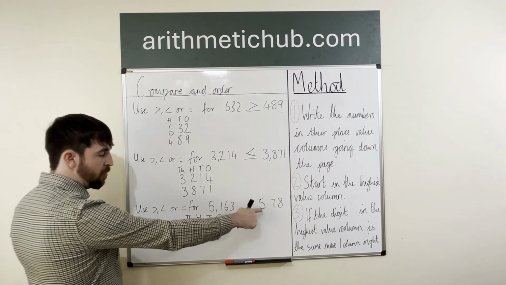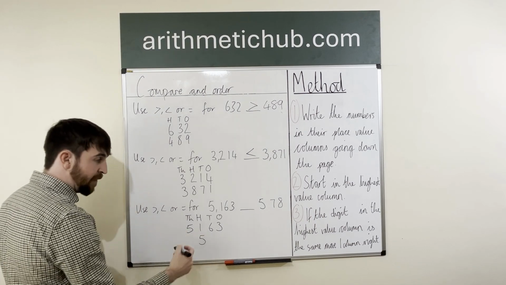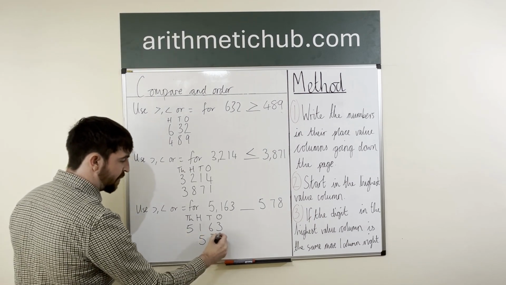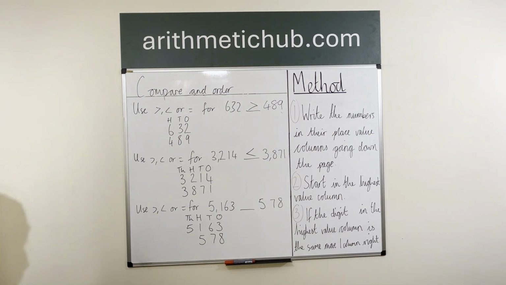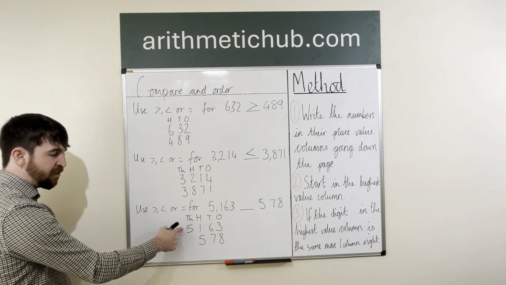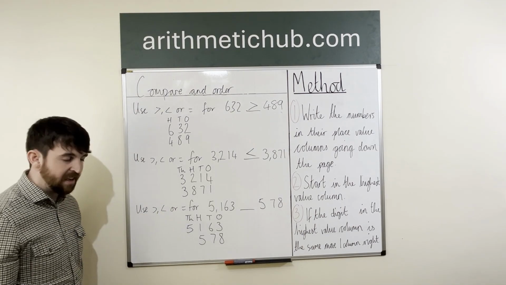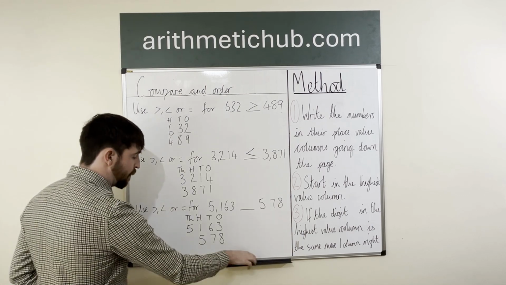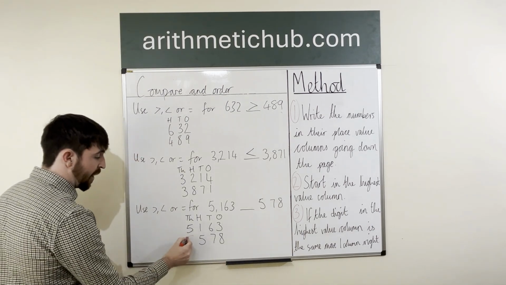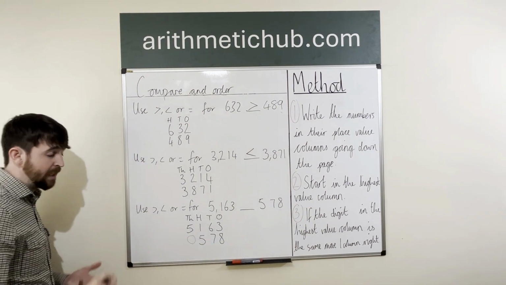So what we should notice here is that 578 has 5 in the hundreds, 7 in the tens, 8 in the ones. So now when we look at our highest value column, the first number has got 5 in the thousands, the second number doesn't have anything in the thousands. Now what we can do is put a placeholder here to show this if we want to, or we can leave it blank.